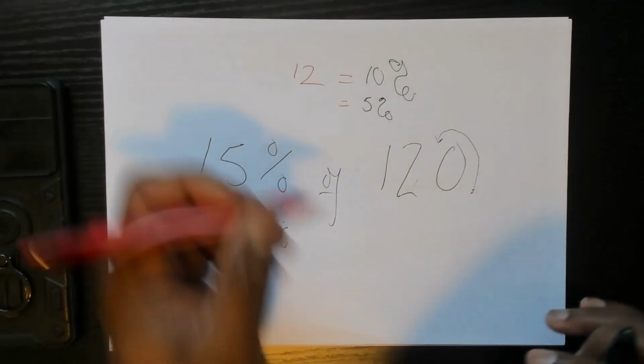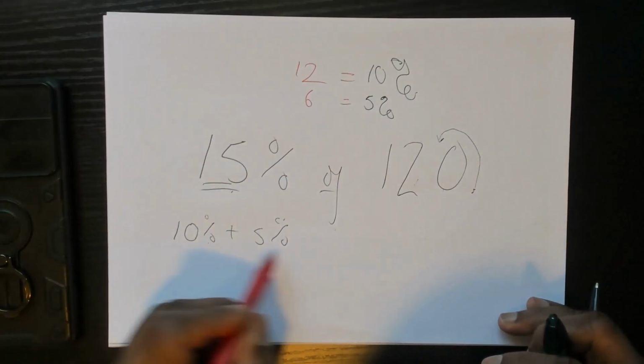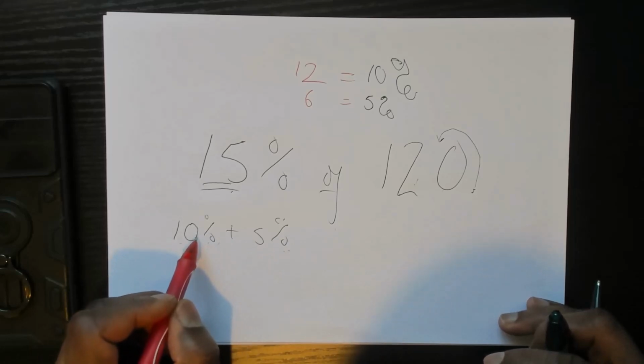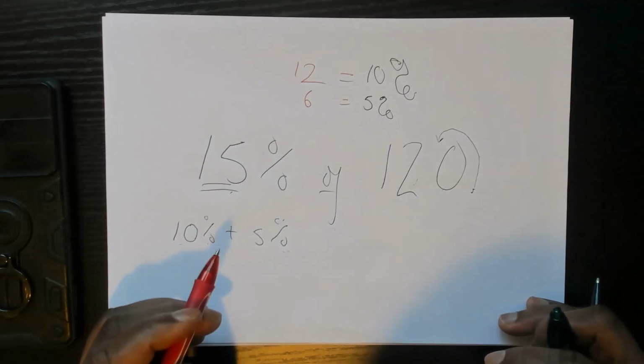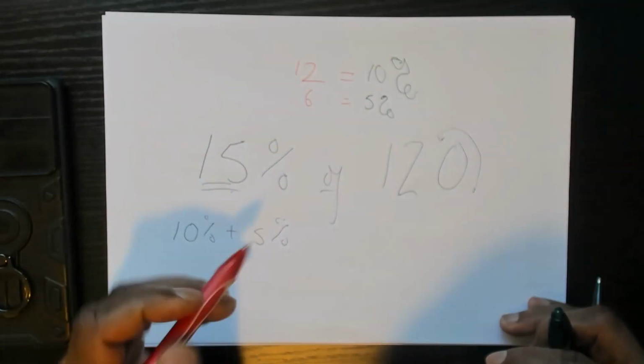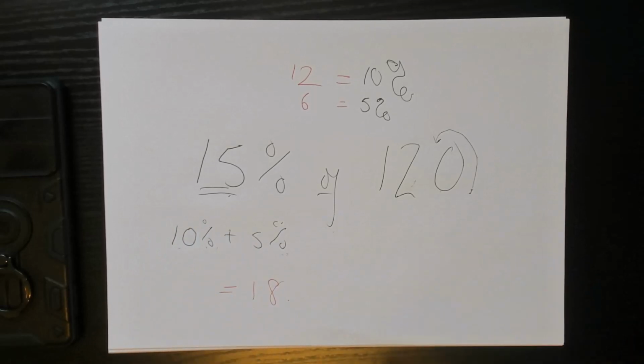So that simply is going to be 6. And because we know the sum of 10% and 5% is 15%, we simply add these two numbers together. So 12 plus 6 equals 18. And that's how you get 15%.